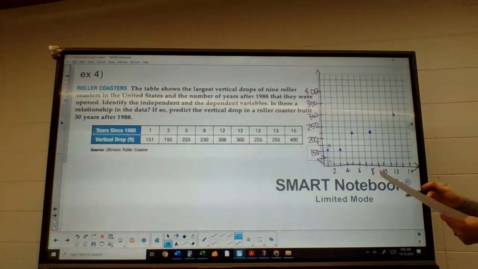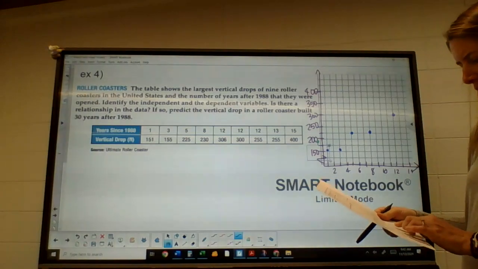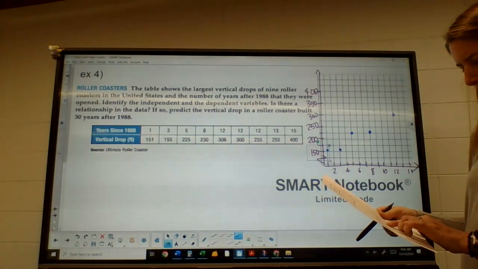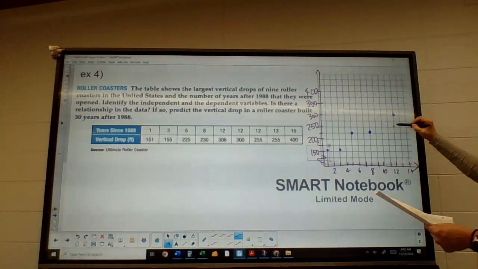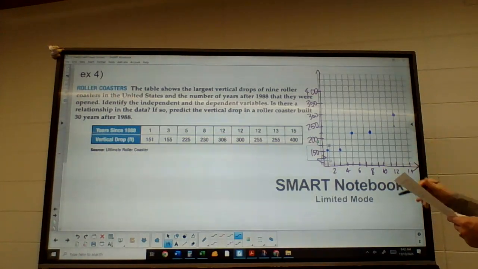You might wonder why there's 2 pieces of data at 12 years. Oh, there's 3. So maybe there were 3 new roller coasters being built, so there's 3 sets of data there.